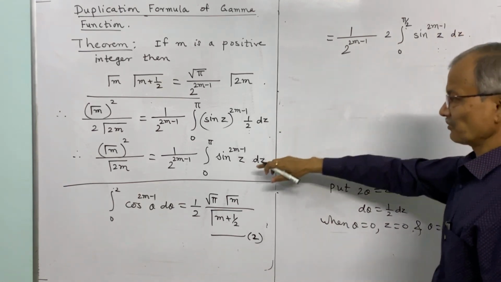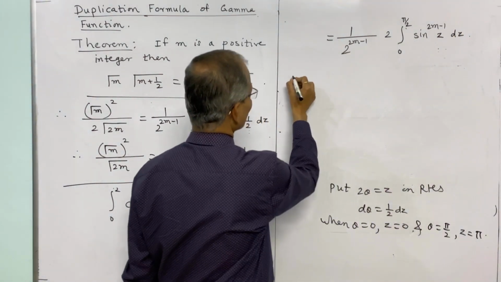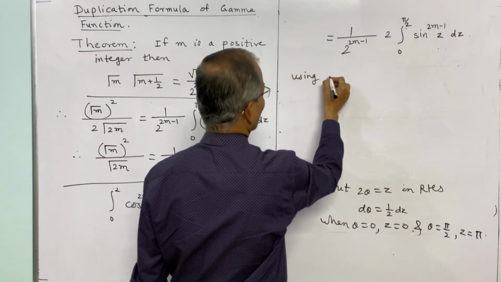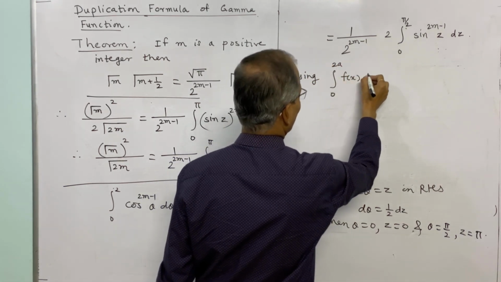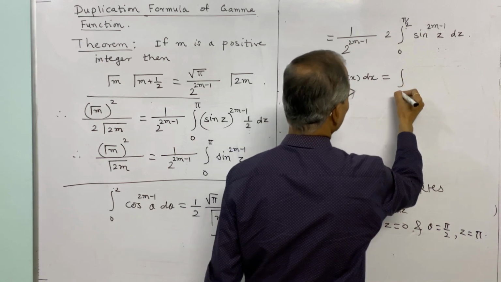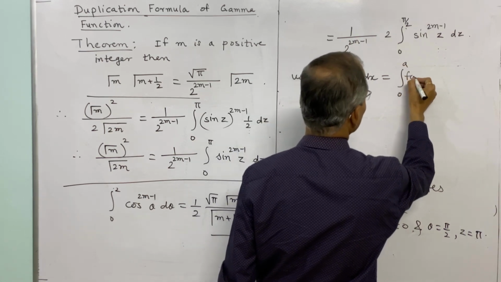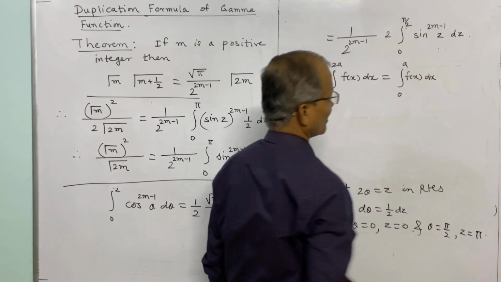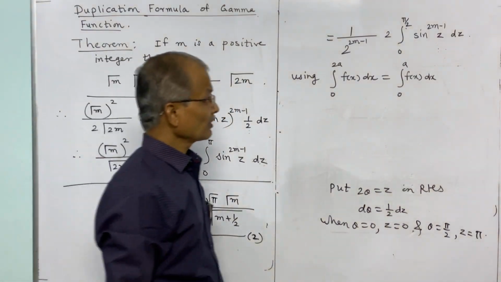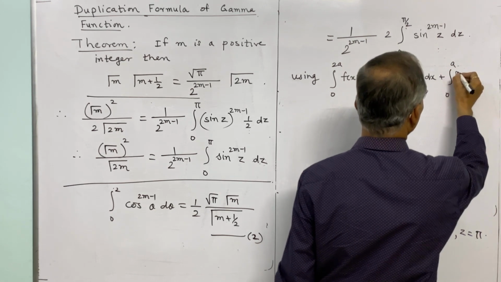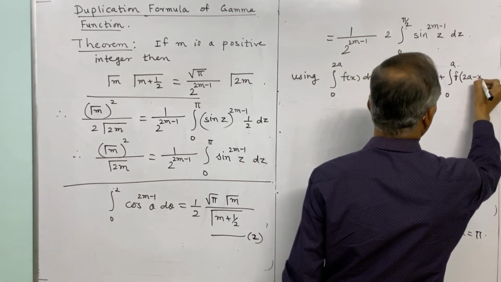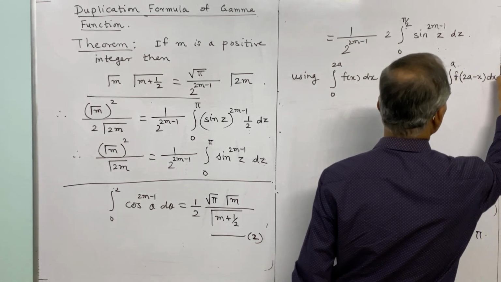Now how is this so? See, using the property integral 0 to 2a f of x dx is equal to integral 0 to a f of x dx plus integral 0 to a f of 2a minus x dx. This is used here.